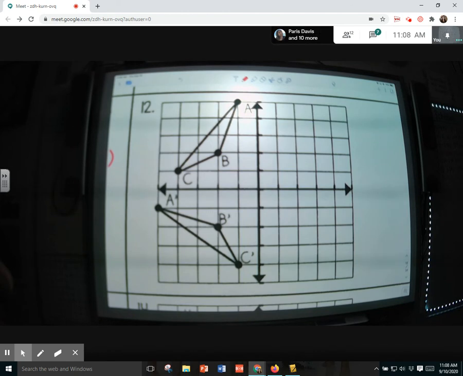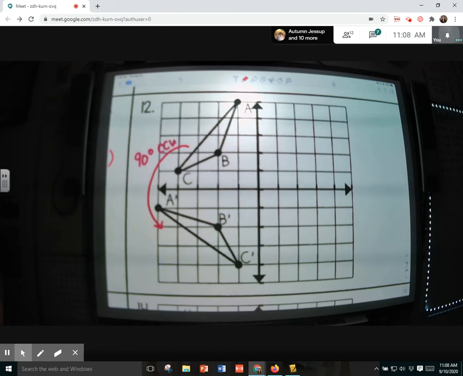Okay, so there's my pre-image, here's my image. If I go that way, how many degrees? 90 counterclockwise.